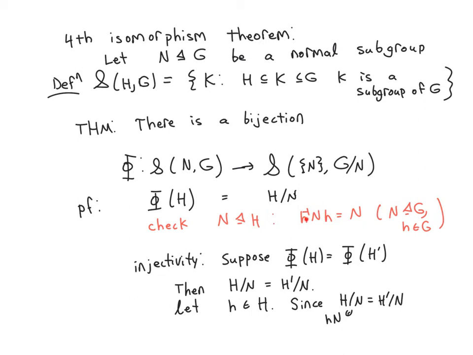Of course, this is not that hard to show. Why? Because, well, what do you need to do? You need to conjugate N by elements of H and see that you get N back. But guess what?